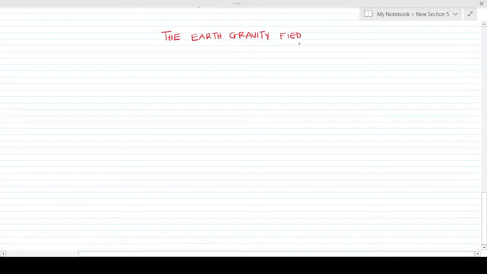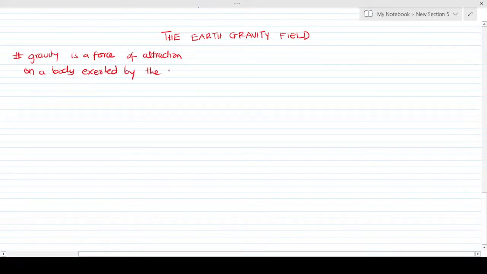Now we all know the Earth gravity field. First of all, we need to know what gravity is. Gravity is a force of attraction on a body exerted by the Earth towards itself.